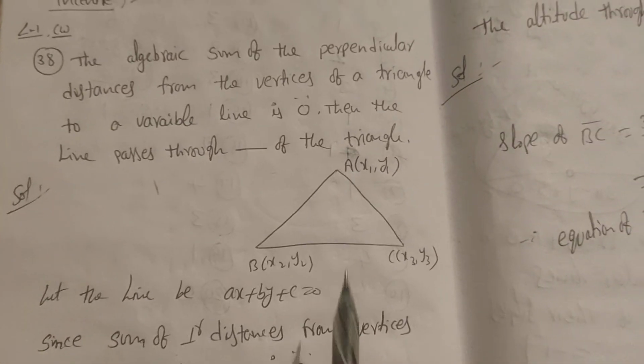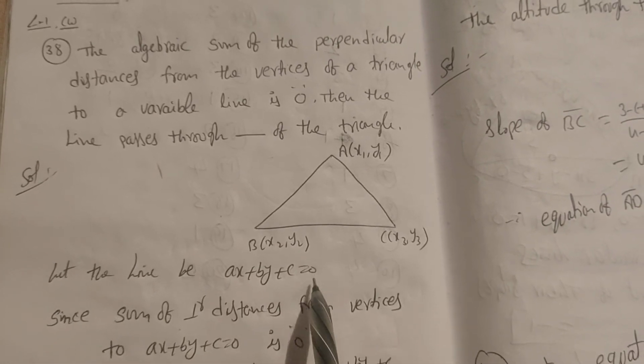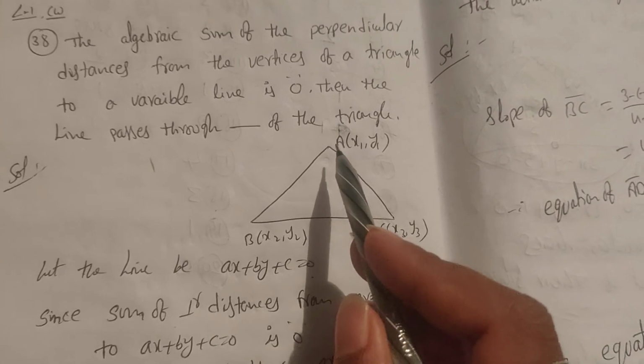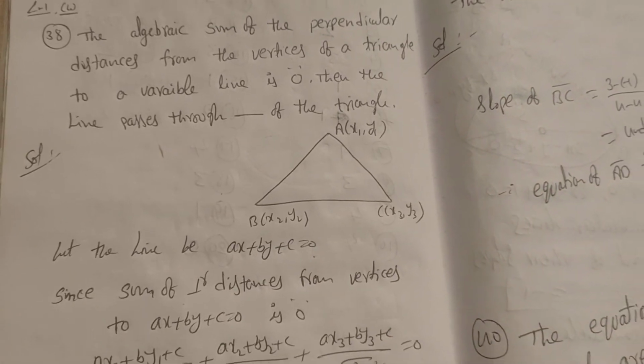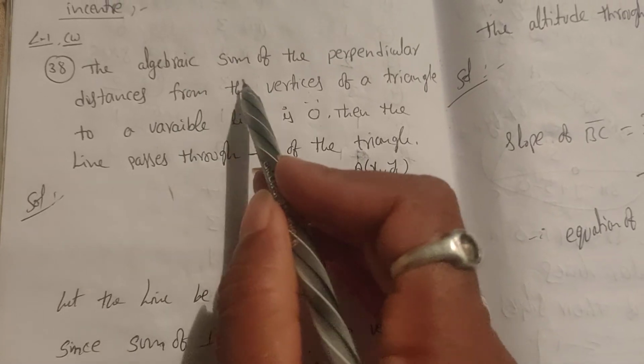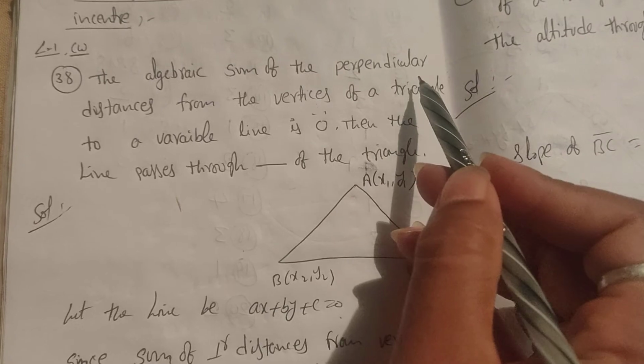Let us take the variable line as ax plus by plus c equal to 0, and take the vertices of the triangle as x1 y1, x2 y2, x3 y3. What is the condition given? The algebraic sum means summation only, the sum of the perpendicular distances.